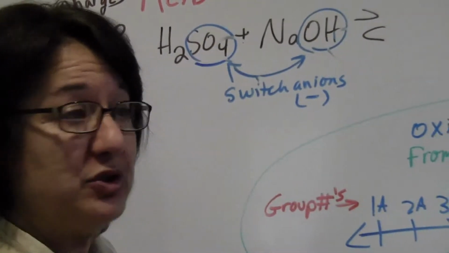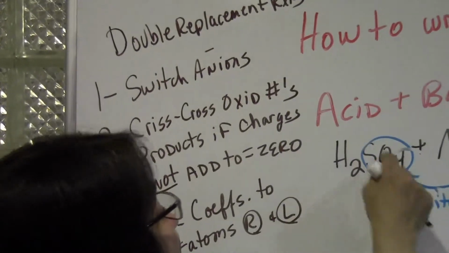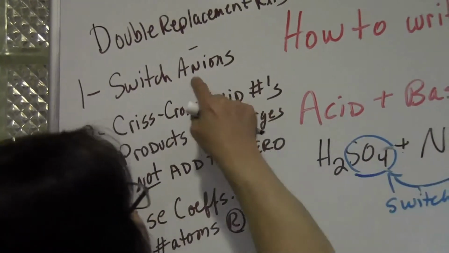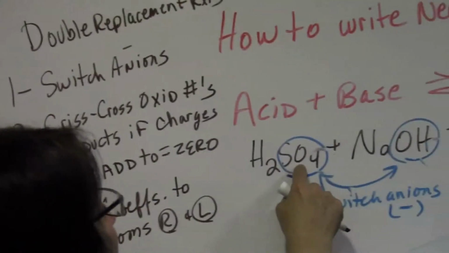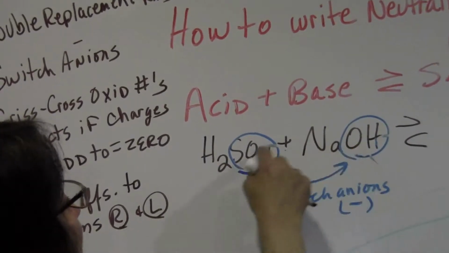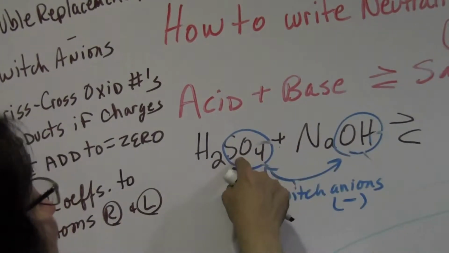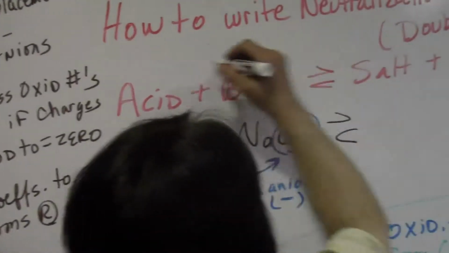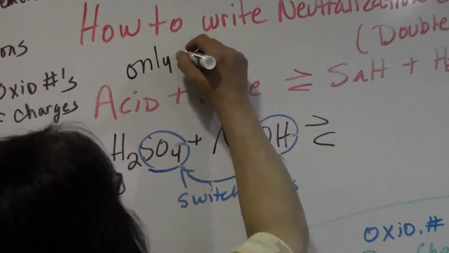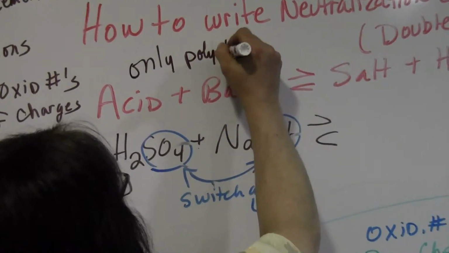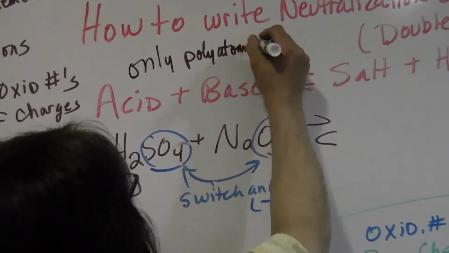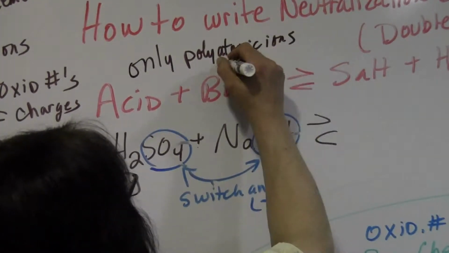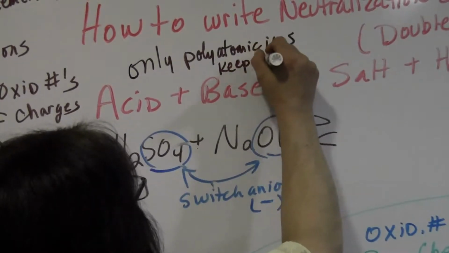Here are the steps to create the products for a neutralization reaction. Number one, switch the second part of the formulas. Switch the anions. So H is going to gain OH, and Na is going to gain SO4. Only SO4, only polyatomic ions keep their subscripts.